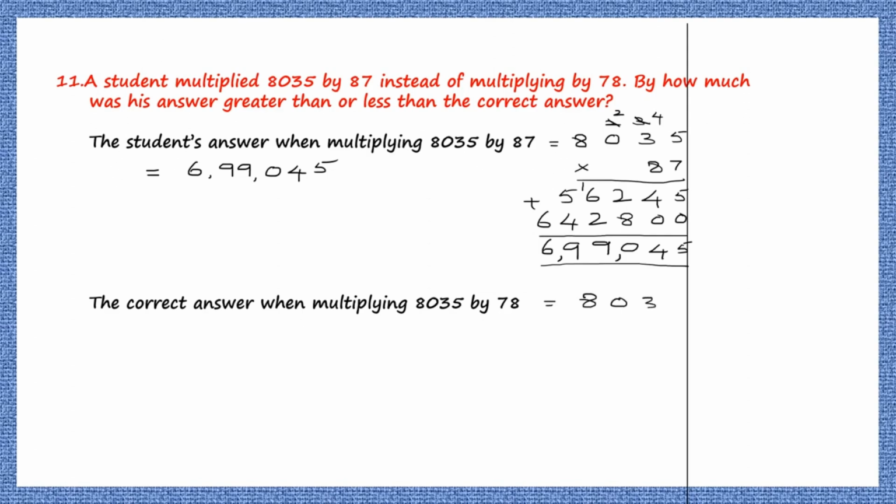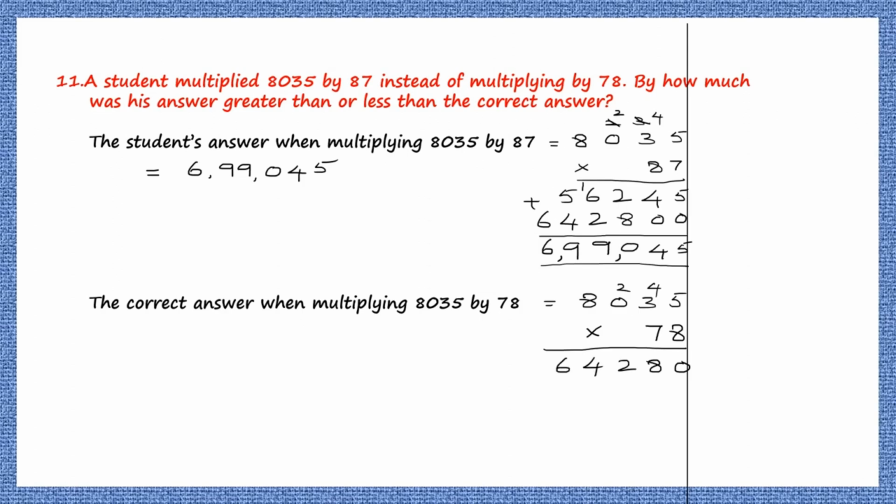8,035. This time you're going to multiply by 78. He was supposed to have multiplied by 78. Instead, he multiplied by 87. So let's do this. 8 fives are 40. Carry 4. 8 threes are 24. Plus 4 is 28. Carry 2. 8 zeros are 0. So you put the 2. 8 eights are 64.